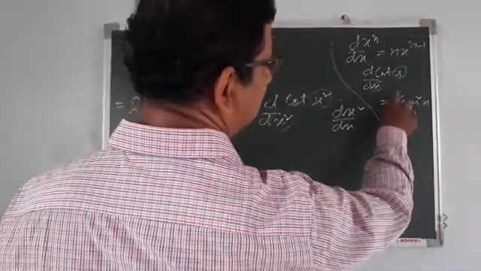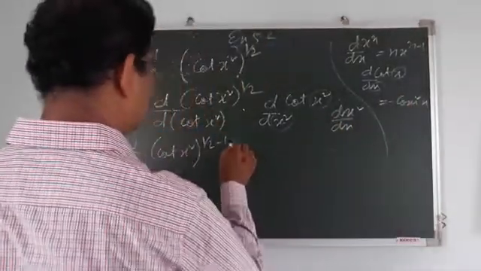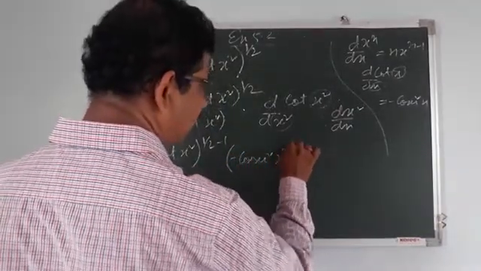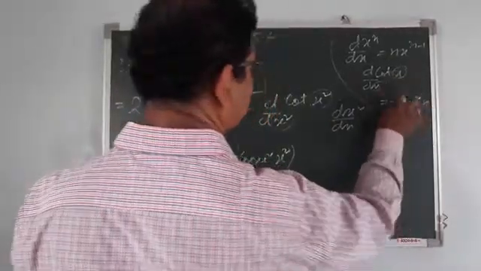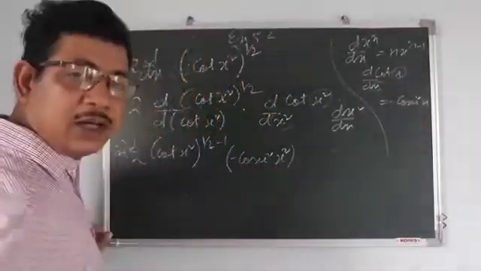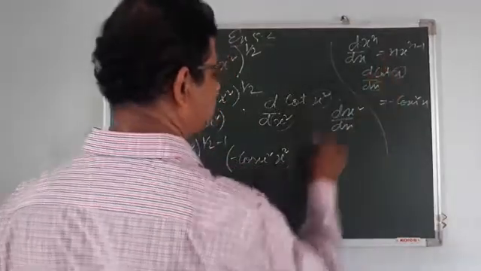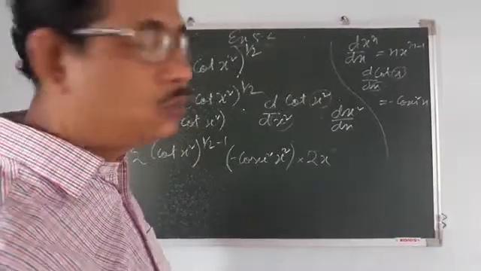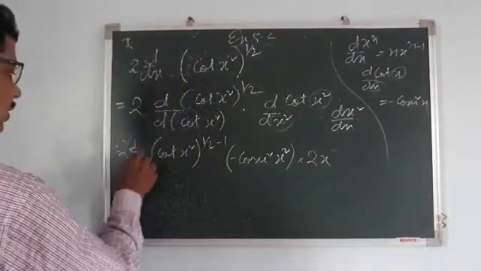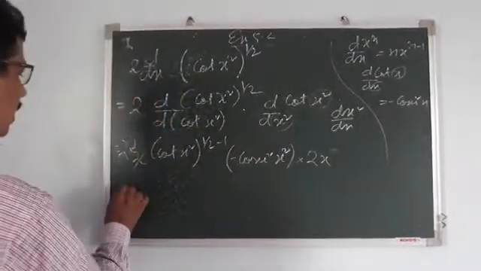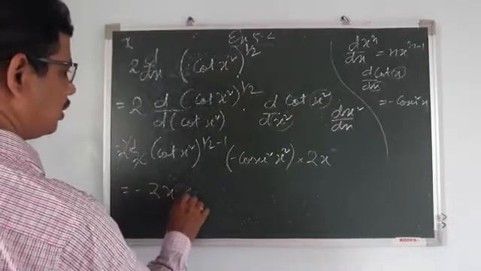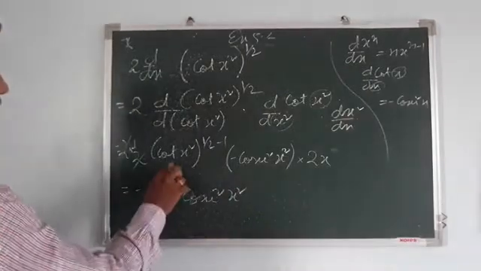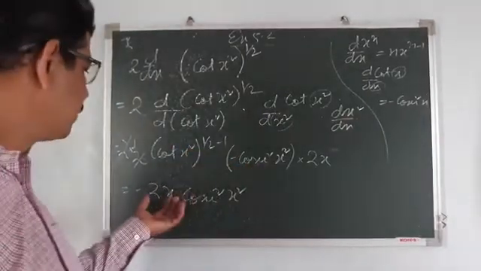Cot x square, its derivative will be minus cosec square x square, because for x square, by that formula, it will be 2x to the power 2 minus 1, twice x. We can cancel these two. Minus twice x cosec square x square. This cot, I have written, twice x here.